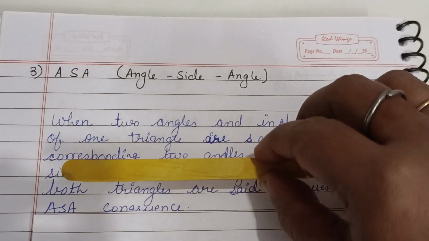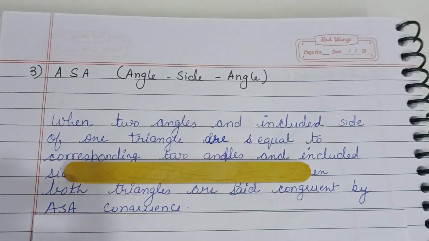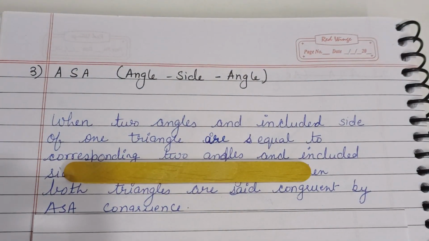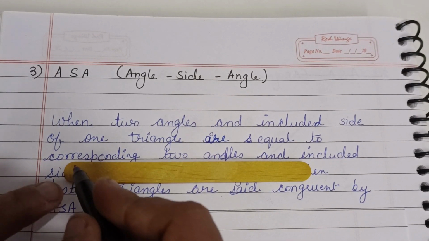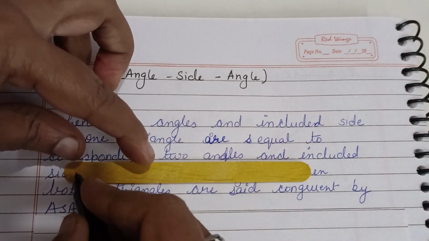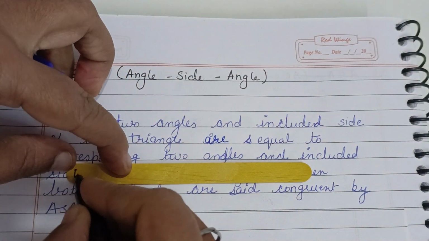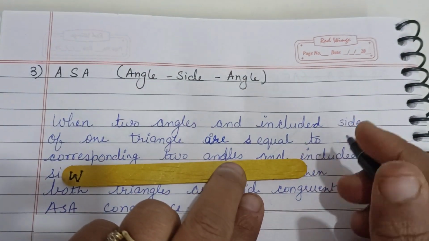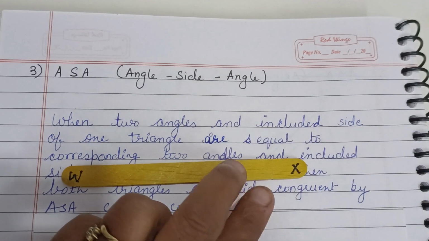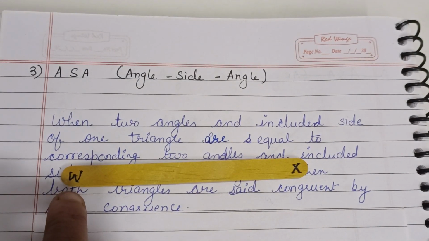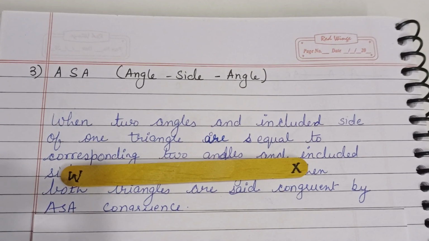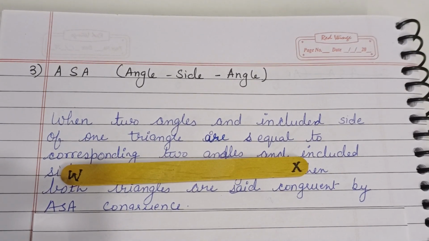For example, suppose this is one strip. Now in this strip, I can see that there are two ends. This is one end, let us name it W, and this is the other end, let us name it X. Now at W, I can make one angle, so I have taken one ray WY.